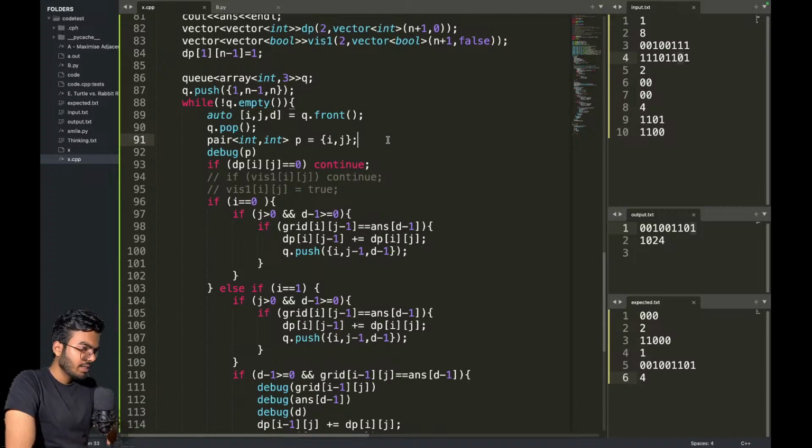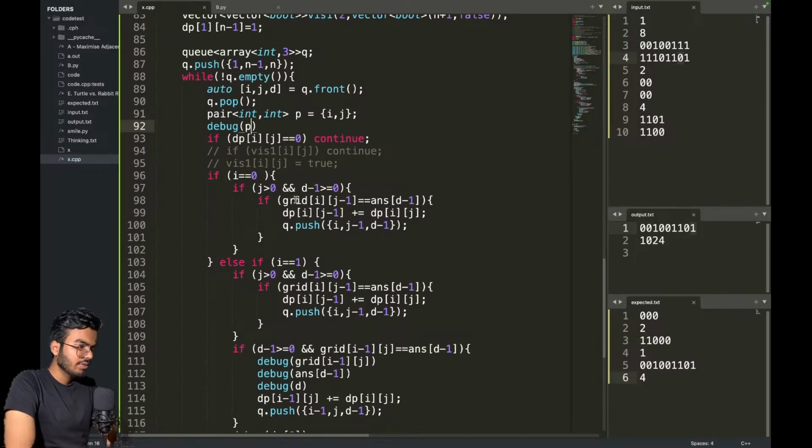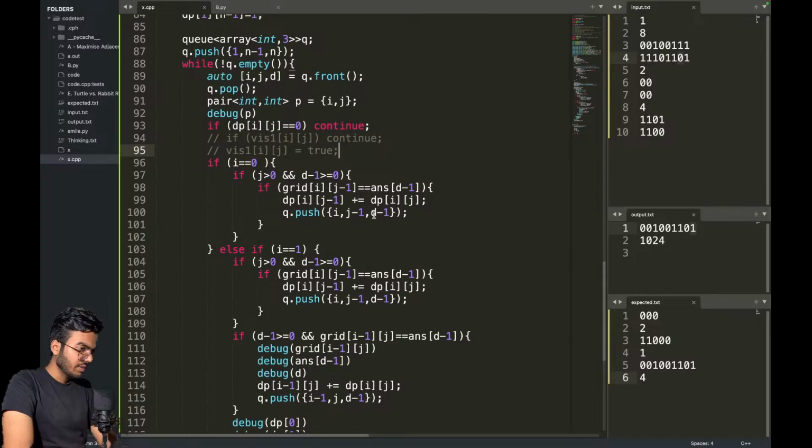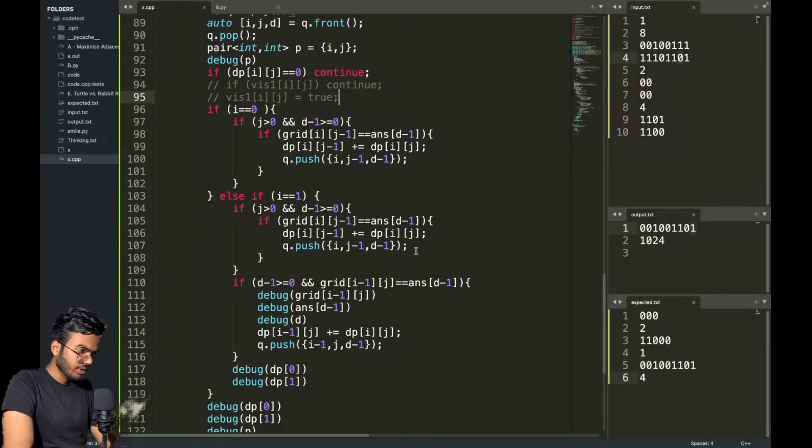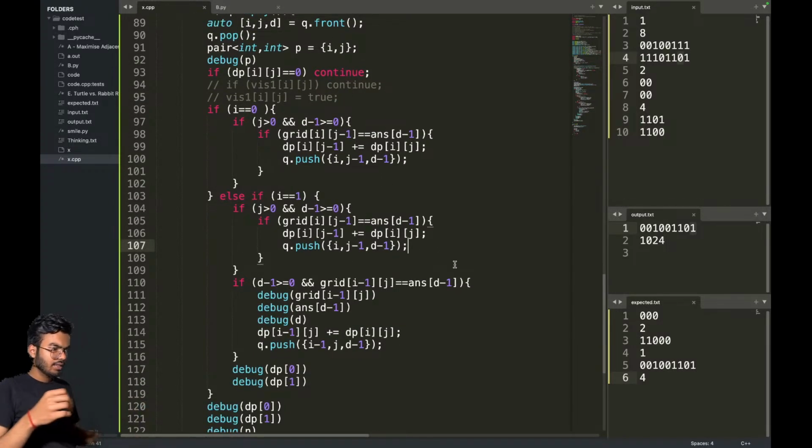Okay, pair int p equals to ij, debug p from. So what are my directions? Like what am I even doing here, right? Like this. So dp of I and j minus 1 plus equals to I j minus 1. I don't want to repeat the step.